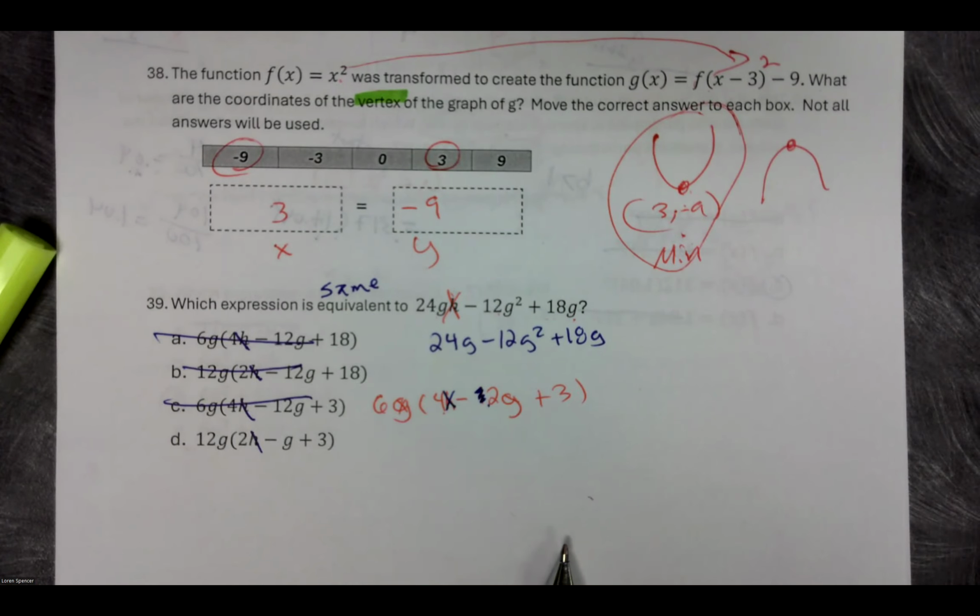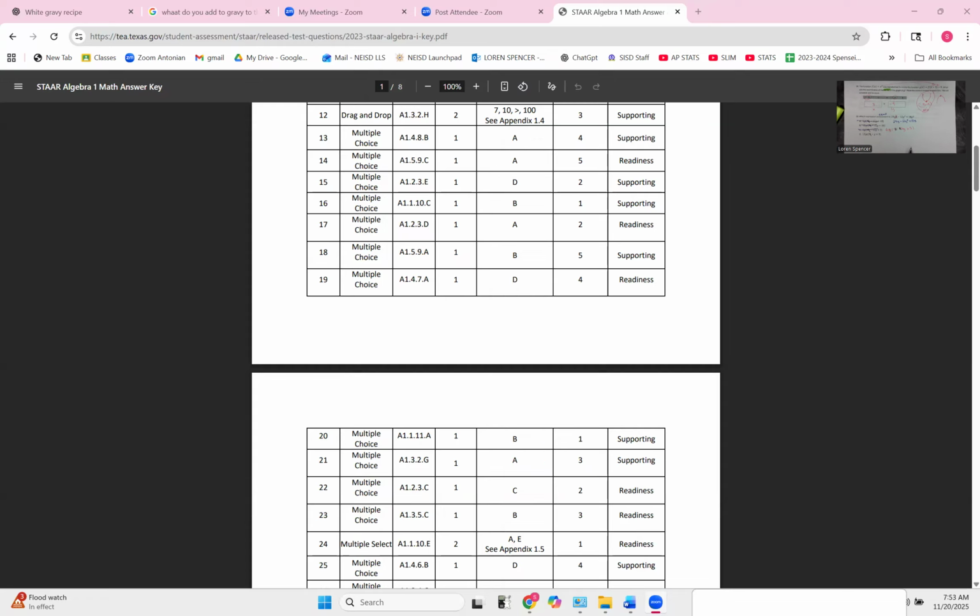So here we go. I'm going to get rid of that completely because I think that's going to be confusing. And what we should have had is 6x parentheses 4 minus 2x. Please remember that's not a 12, it's a 2x.